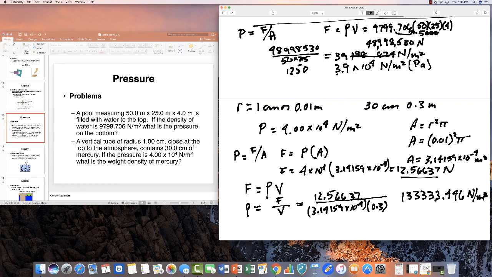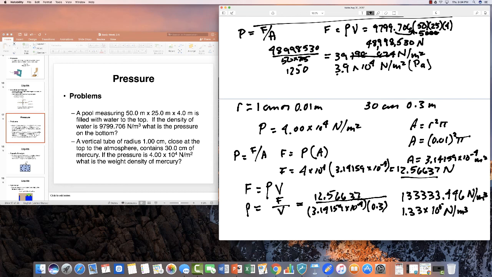Now we have to simplify this, and so we go back over here and we see that we have 3 significant figures here, 3 here, and 3 here. So we need to round this to 3 significant figures. So we're going to say it's 1.33 times 10 to the 5 newtons per meter cubed.